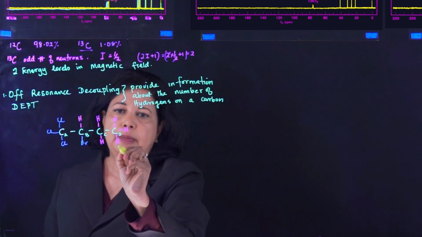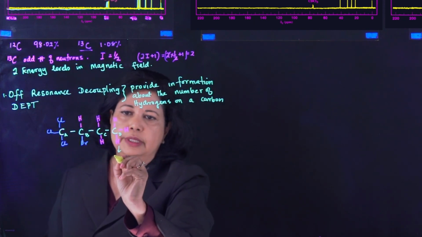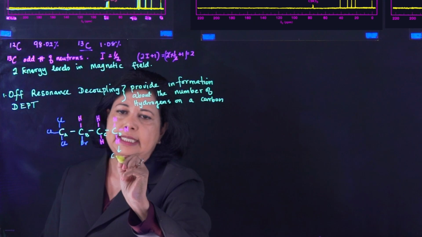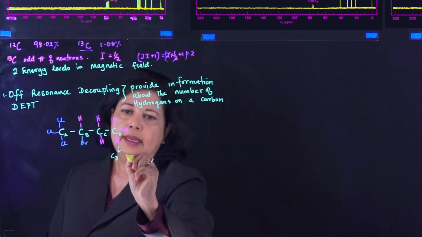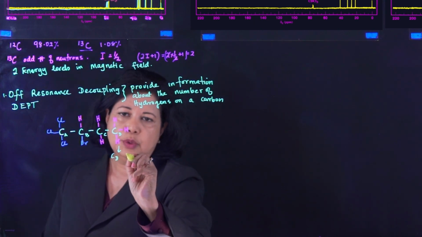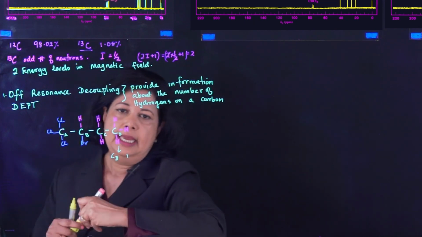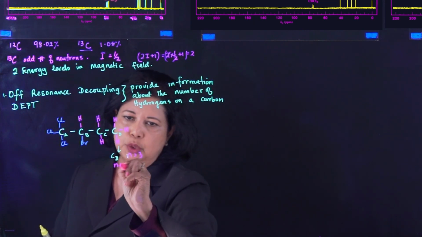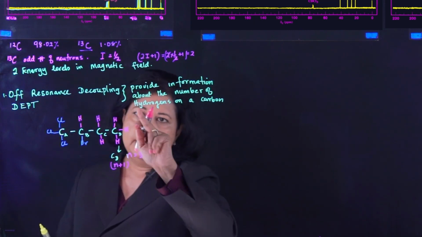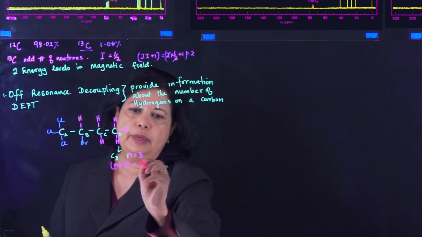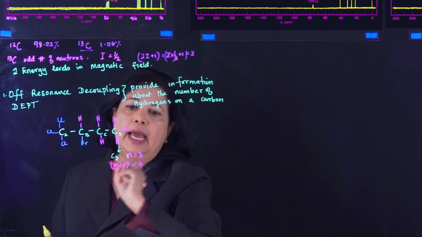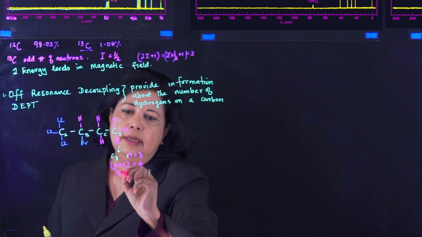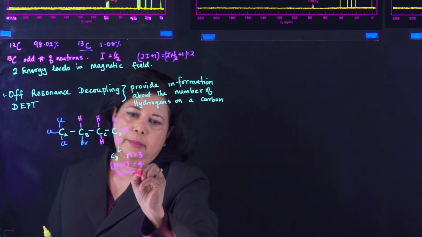So if you were to apply the N+1 rule for this, if I take CD and use the N+1 rule, N is the number of hydrogens, N is going to be 3. Therefore, N+1 for this carbon, the splitting by that, would be 4. So you would have a quaternary peak.